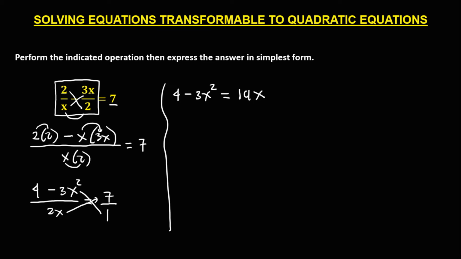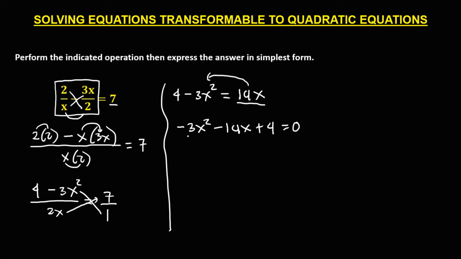Then arrange this equation, starting with the highest exponent. So we have negative 3x squared. Then we need to transpose this positive 14x, so this becomes negative 14x, then plus 4 equals 0.